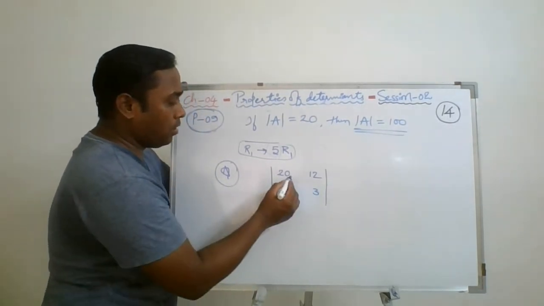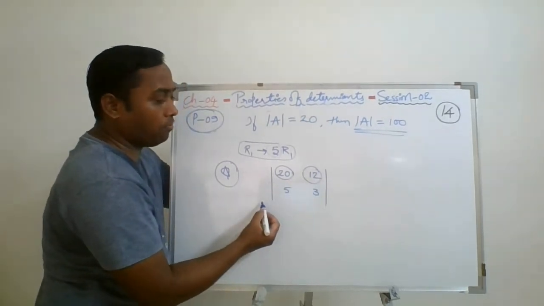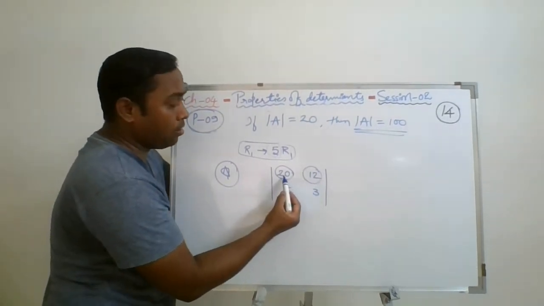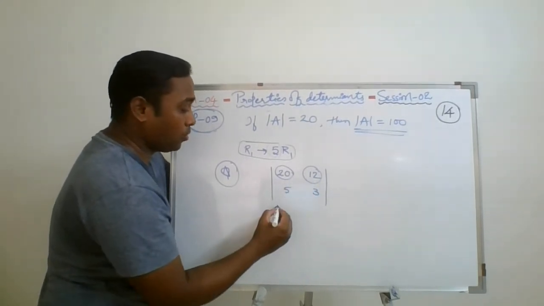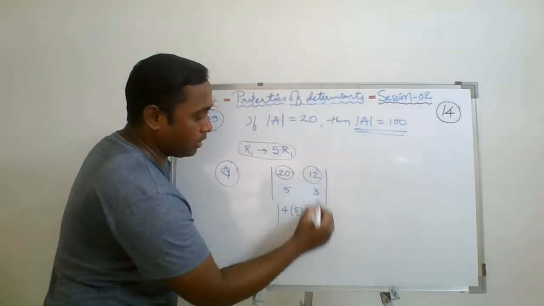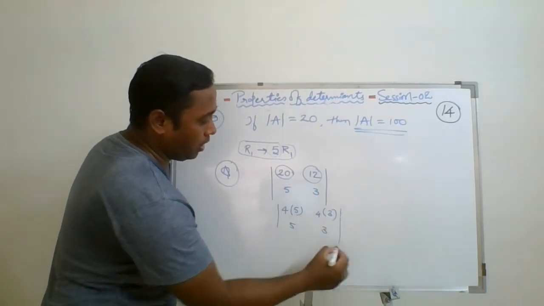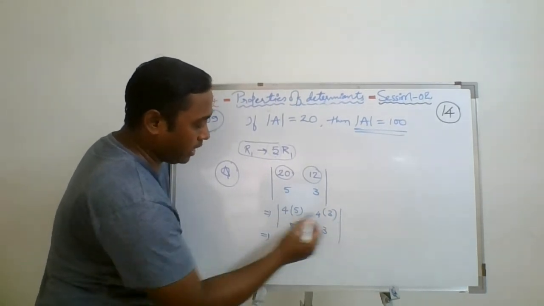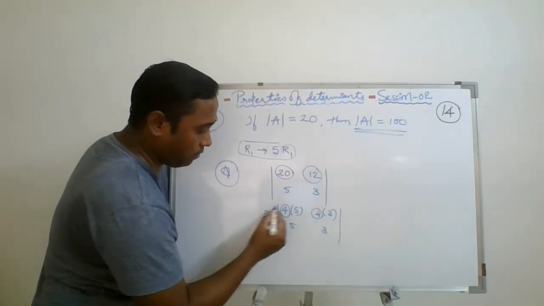If you see, the row 1 elements are multiples of 4. 4 is the highest common factor of 20 and 12. So I can write this as 4 into 5 and this element as 4 into 3, with 5 and 3 below.